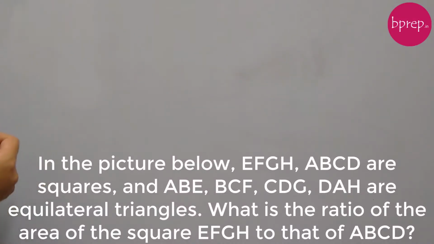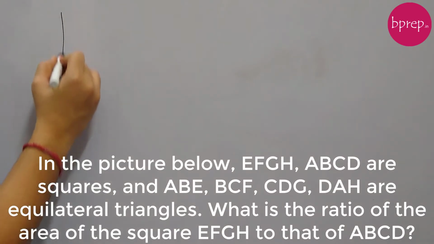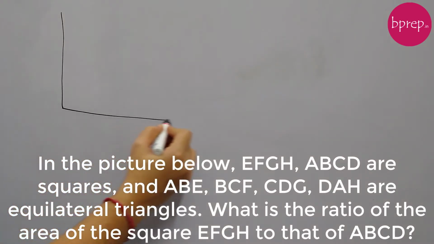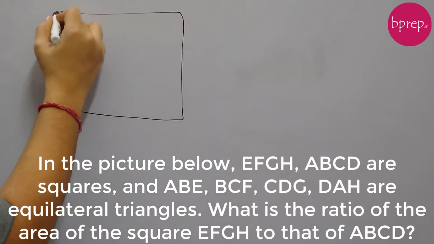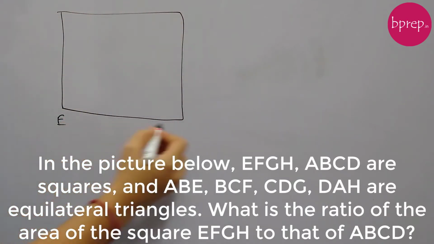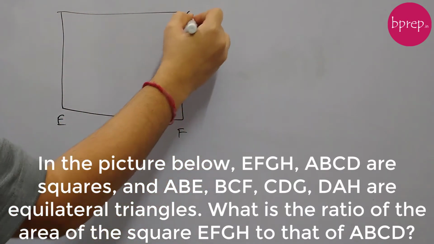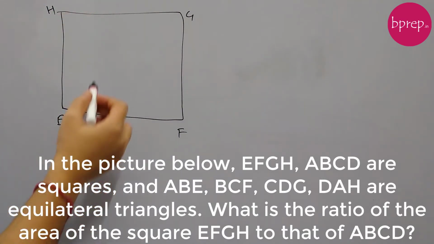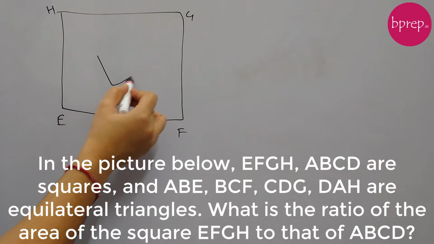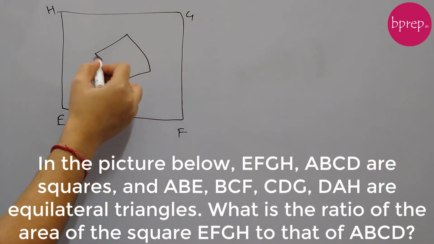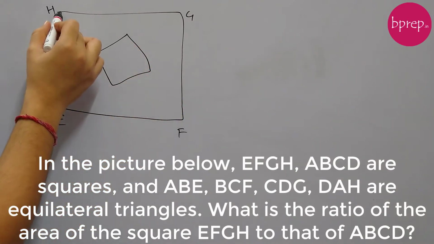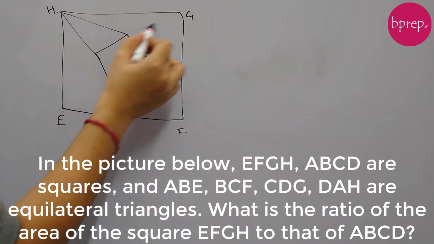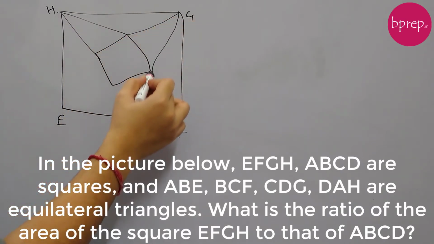So in this question we have a square given. Let's say this is the square E, F, G and H. And there is another square inside it. Let's say this be the another square and the vertices are joined.